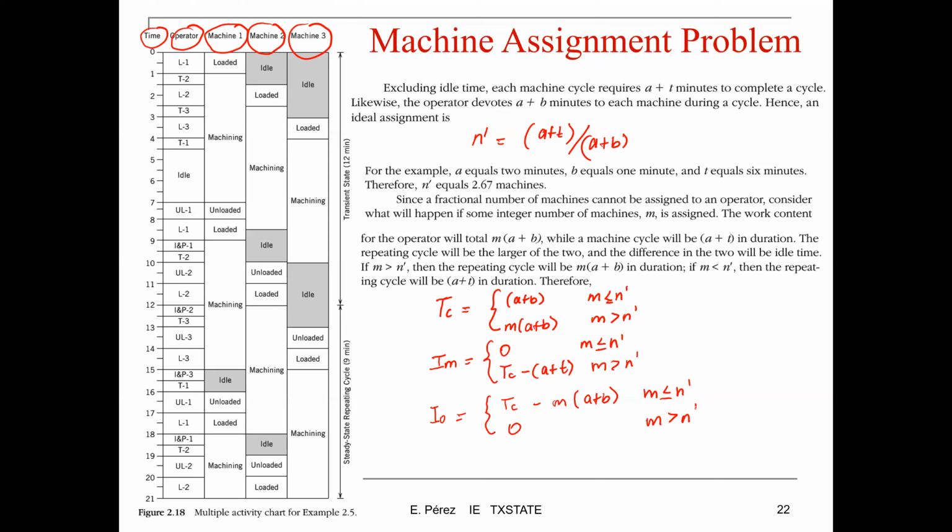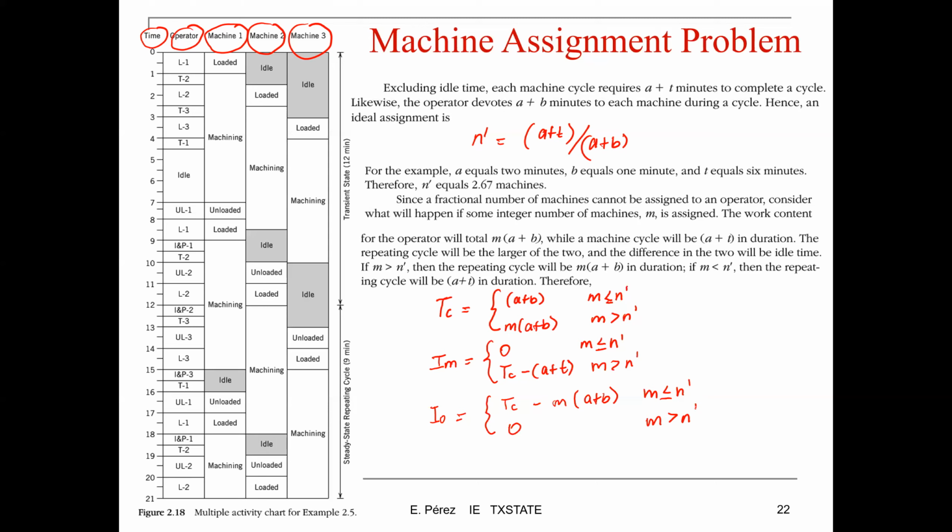TC is the repeating cycle, IM is the idle time for each machine, and IO is the idle operator time, as discussed on the previous slide. Using this information, as we saw in the previous example, we were able to compute the number of machines required for a process.